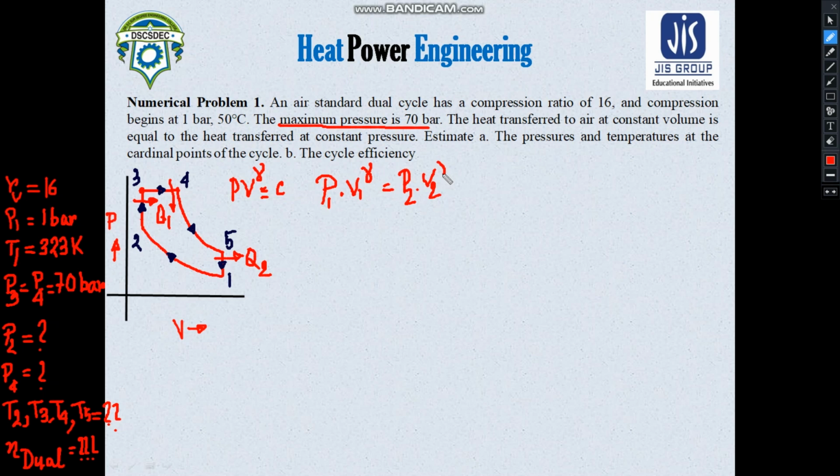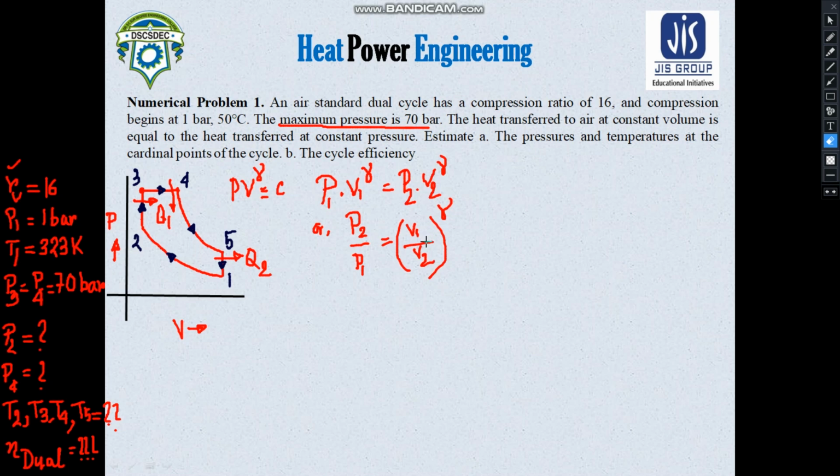Very easy to understand. That means P2 by P1 would be simply written as V1 by V2 to the power gamma. Now the question is, what is V1 by V2? V1 by V2 is nothing but the compression ratio.